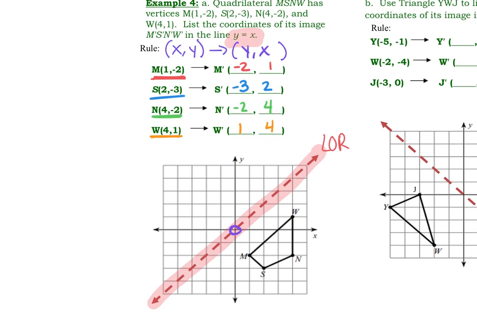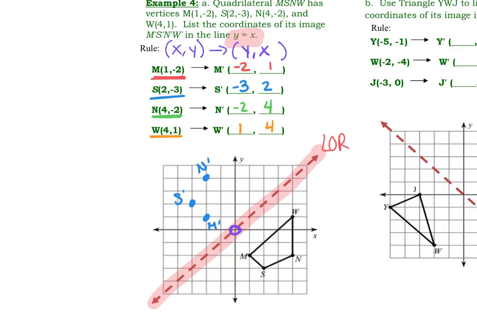If this is my origin right here, I got negative 2, 1, so I'm going to go left 2, up 1. That is my M prime. Negative 3, 2, so I go left 3, up 2. That is my S prime. Negative 2, 4, we go left 2, up 4. That's my N prime.